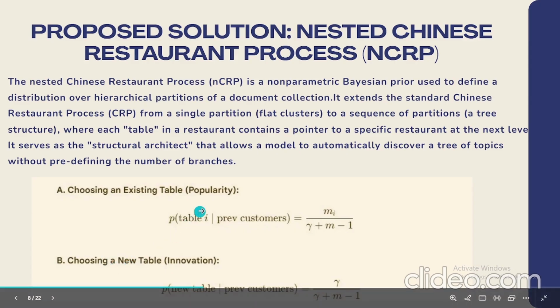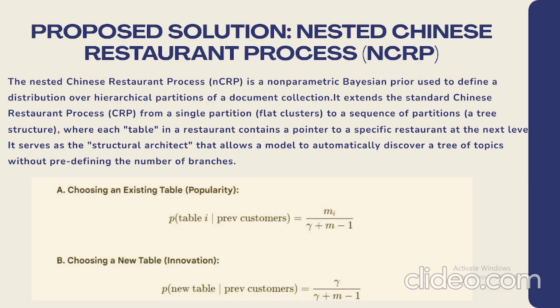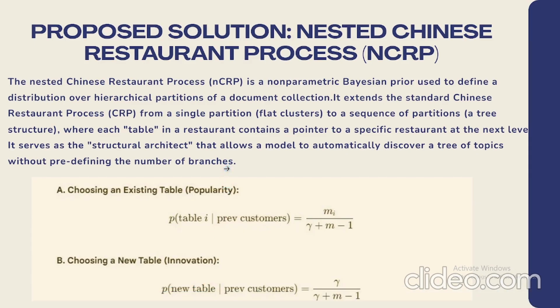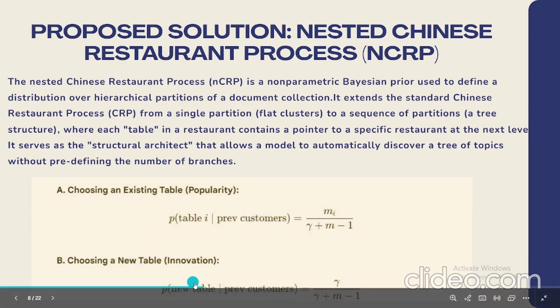And when we are choosing a new table, we have a fixed probability gamma, also called the innovation parameter, divided by gamma plus m minus 1, the total number of customers we have seen. So the first is the probability when a new customer sits at an existing table, and the second is the probability when a new customer sits at a new table, which is an innovation.